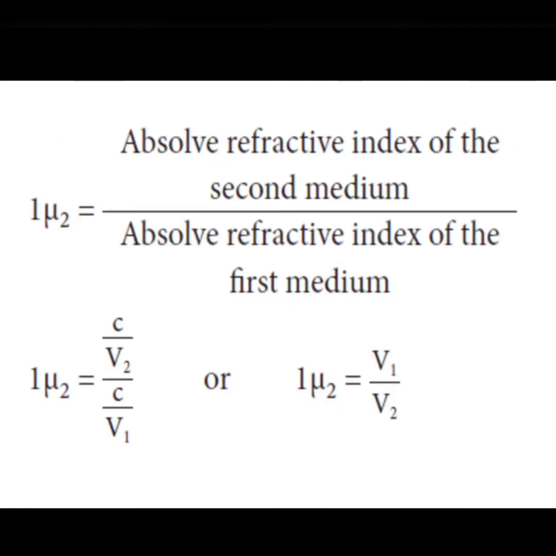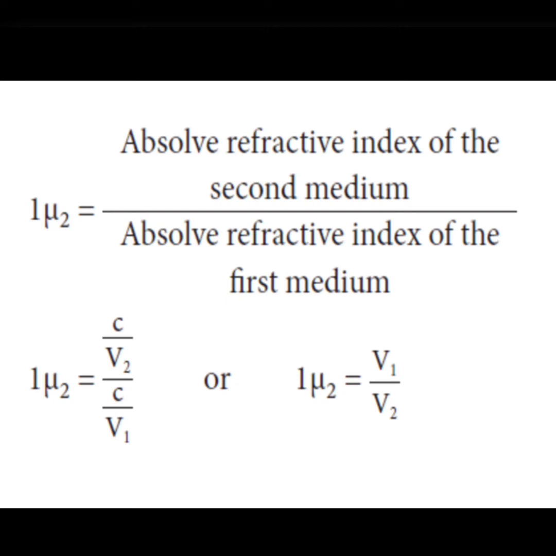In general, the refractive index of one medium with respect to another medium is given by the ratio of their absolute refractive indices. Yes, see here, the absolute refractive index of the second medium divided by the absolute refractive index of the first medium. So what happens here?